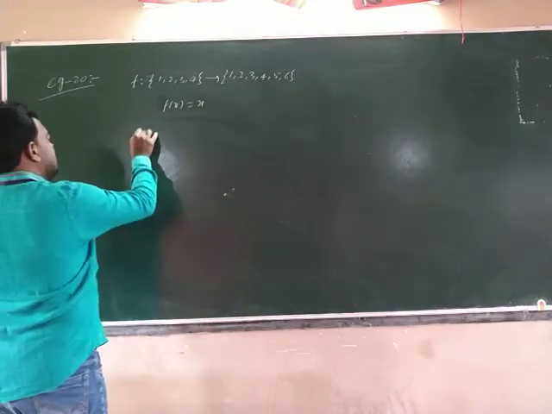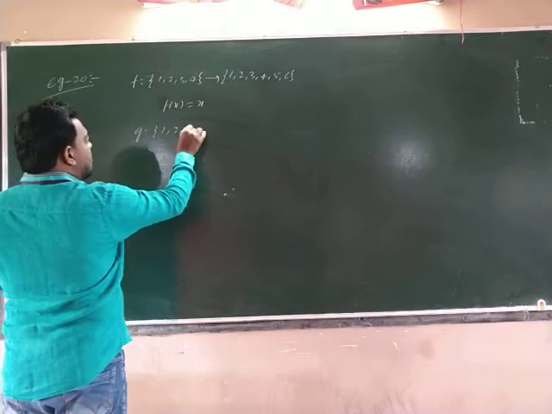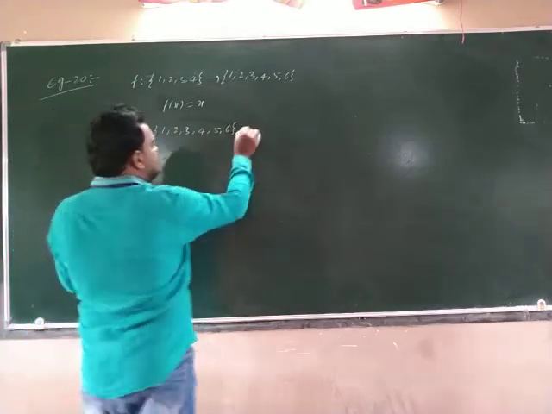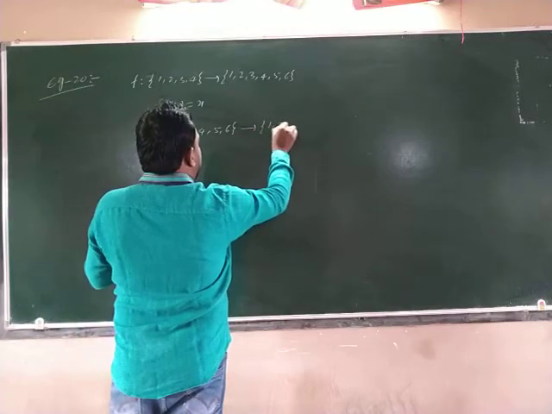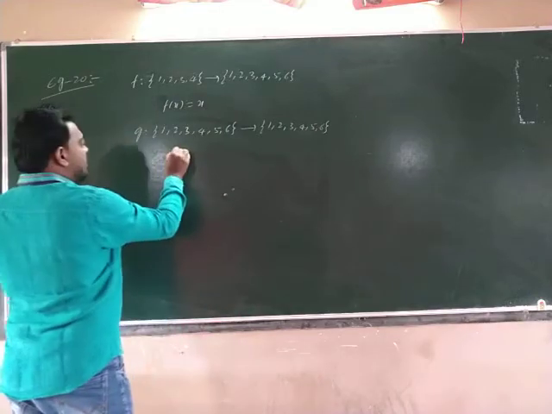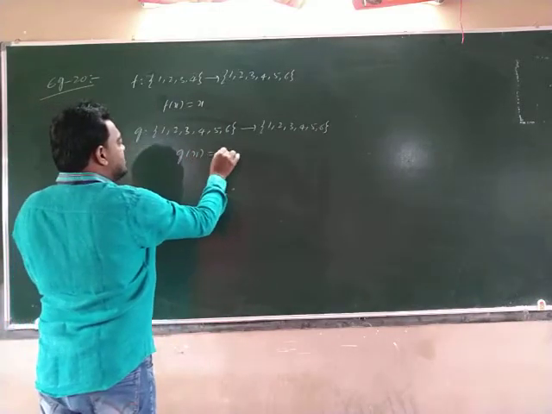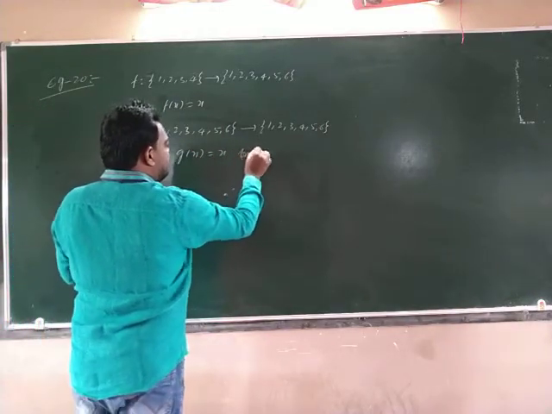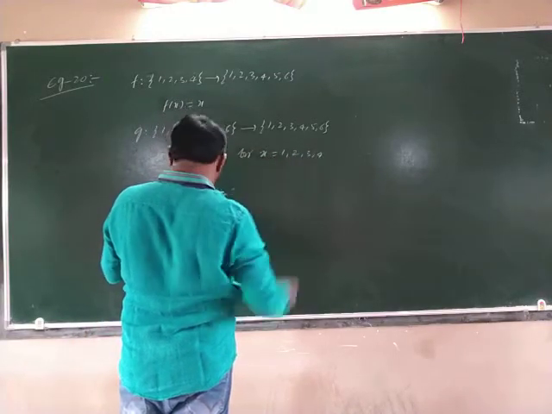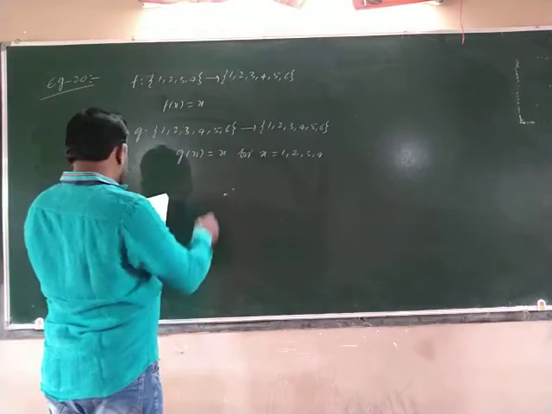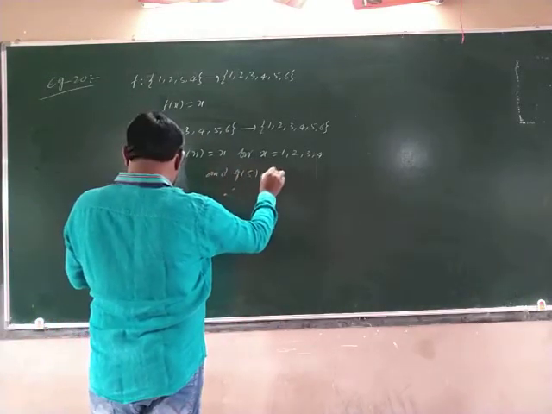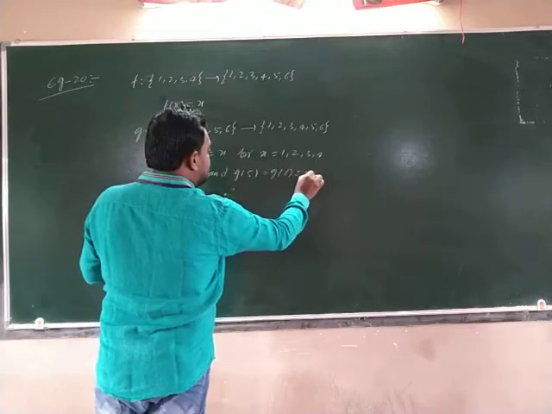Now g is a mapping from the set {1,2,3,4,5,6} to the set {1,2,3,4,5,6}, defined as g(x) = x for x = 1,2,3,4, and g(5) = g(6) = 5.